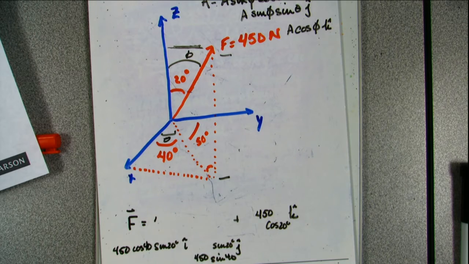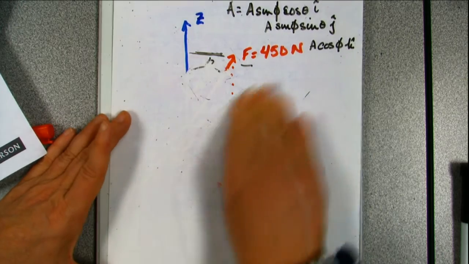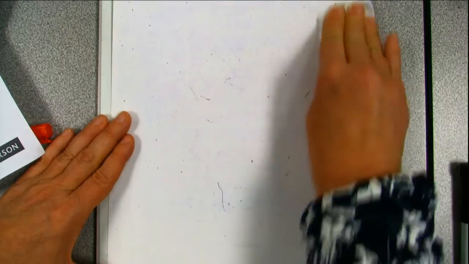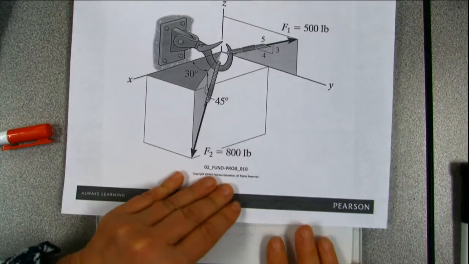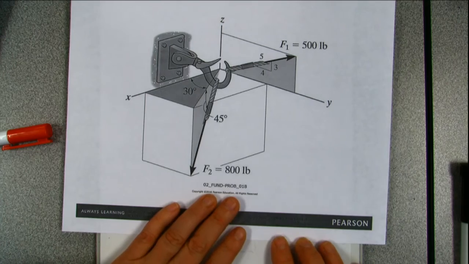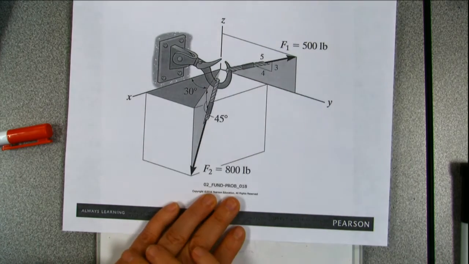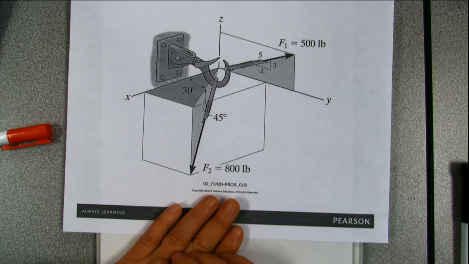So let's look at this picture here. I'll give you this picture. We've got 2 vectors, and the whole idea behind looking at this is being able to write these vectors out given from the picture.